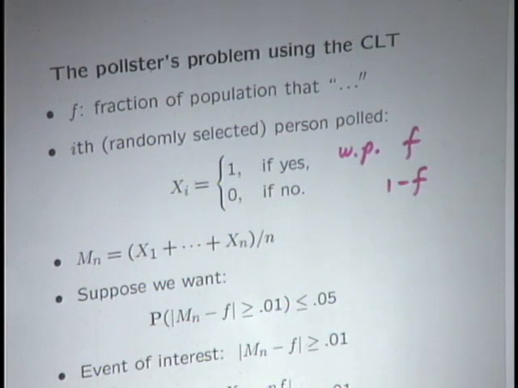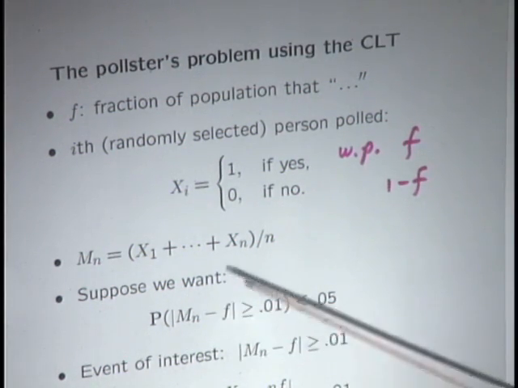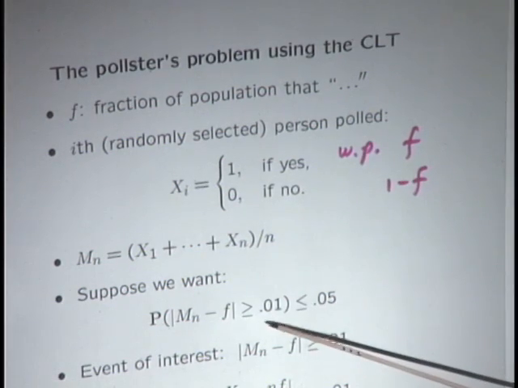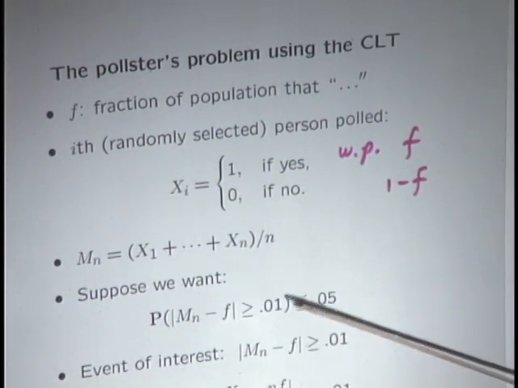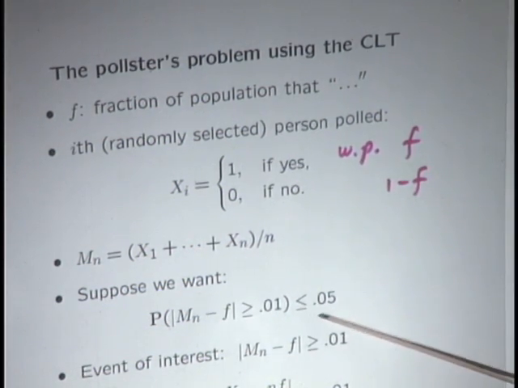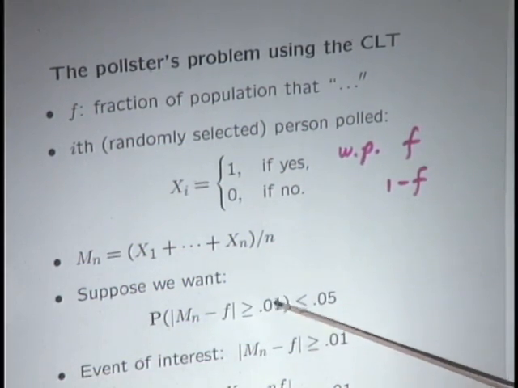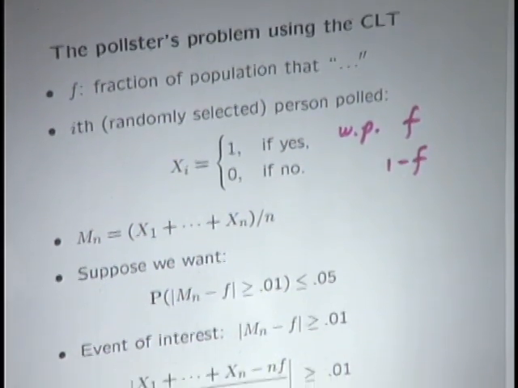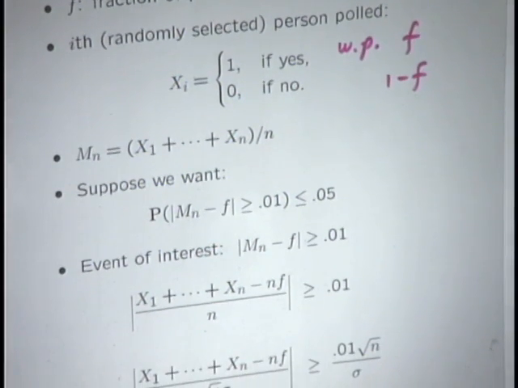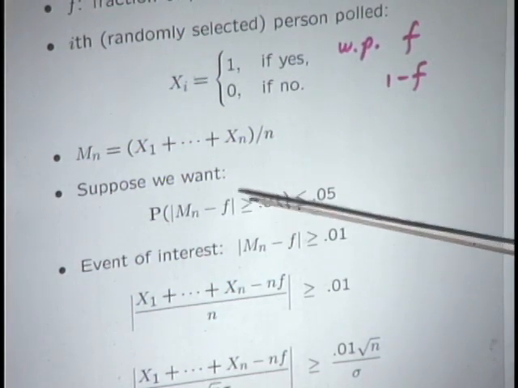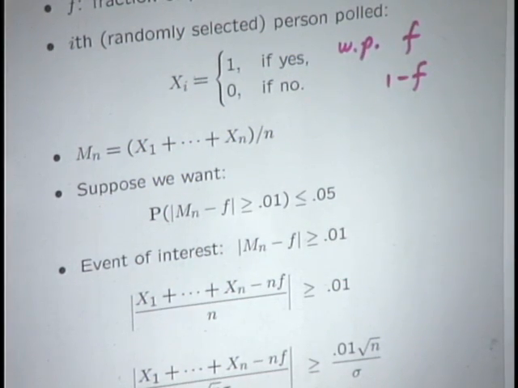And as we discussed last time, you might start with some specs for the poll. And the specs have two parameters: the accuracy that you want and the confidence that you want to have that you did really obtain the desired accuracy. So the specs here is that we want probability 95% that our estimate is within 1 percentage point from the true answer.